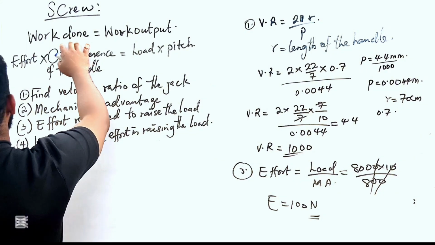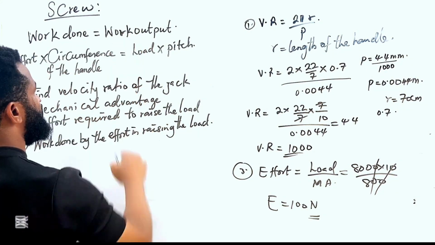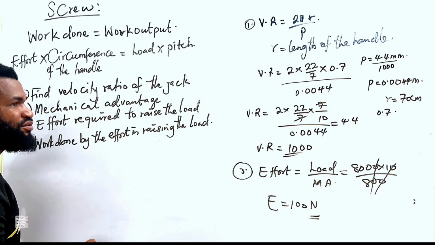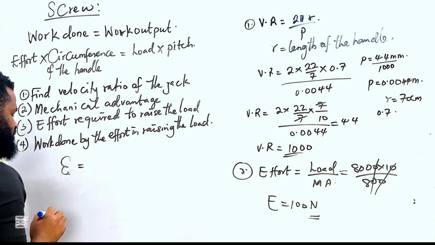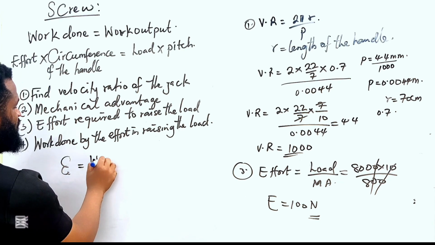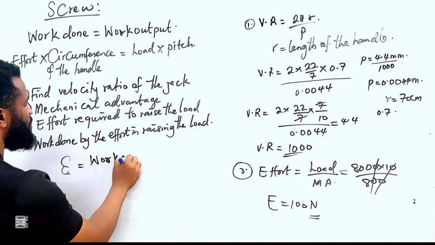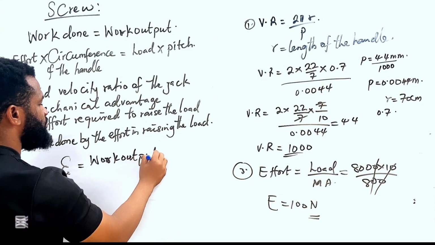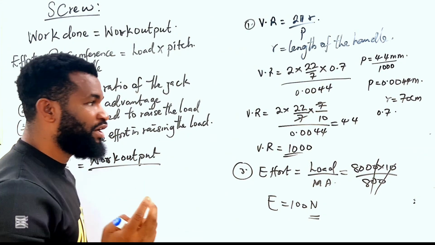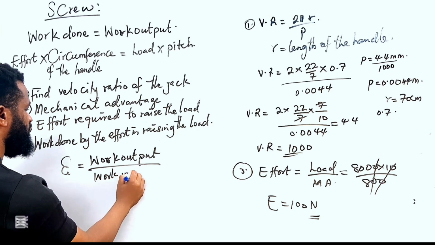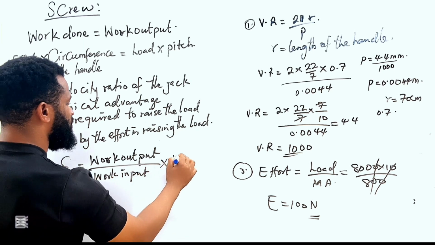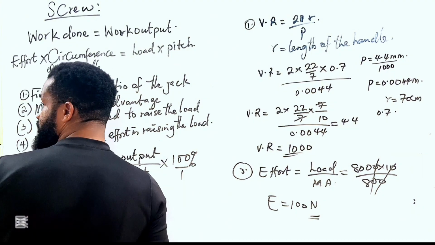Okay, so in this case, I'm going to say that efficiency is equal to work output all over work input times 100% over 1.